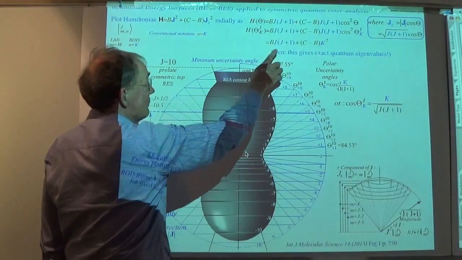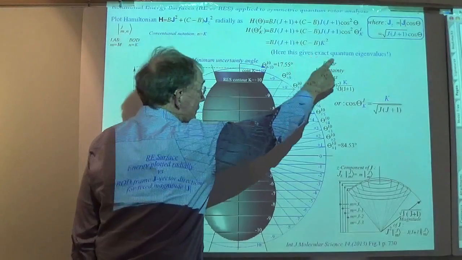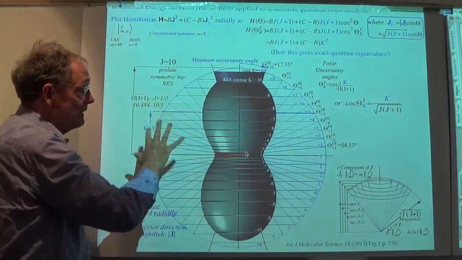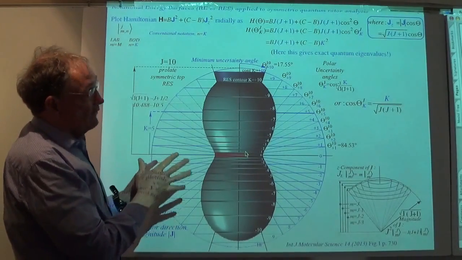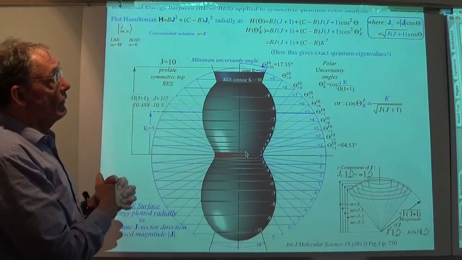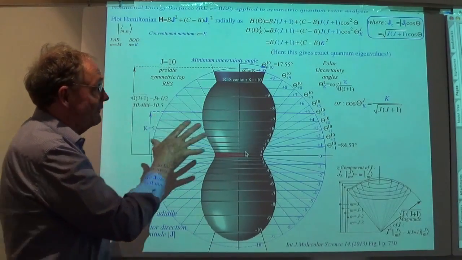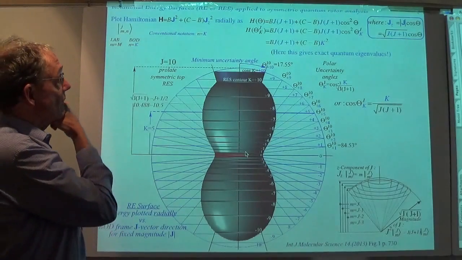And so the geometry that we're looking at, as we were working with last time, gives an exact quantum eigenvalue for that case. Now all of the things that we'll be doing, starting with the asymmetric top, this is an approximation. But nevertheless, it turns out to be a very useful and quite accurate approximation.